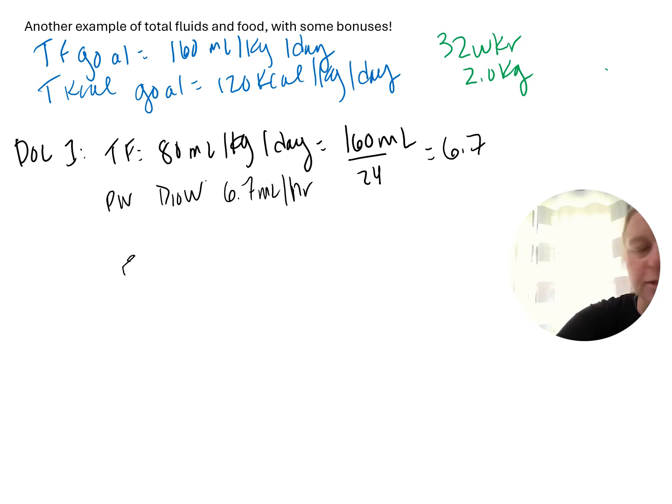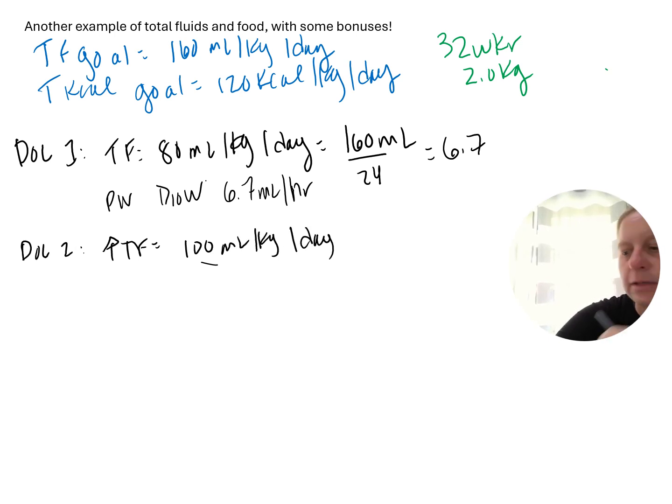Day of life 2 comes along. So day of life 2, we're going to increase our total fluids to 100 mils per kilogram per day, right? Which is going to be 200 mils total.